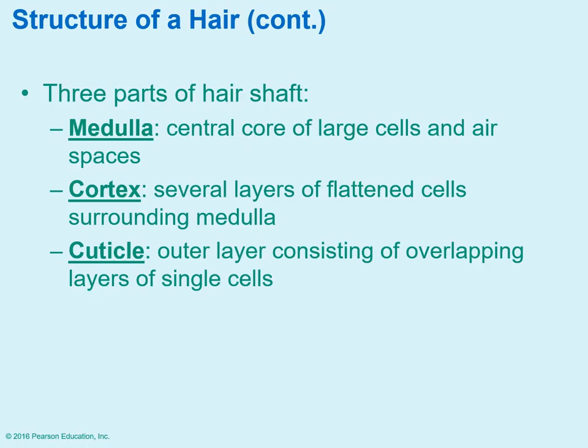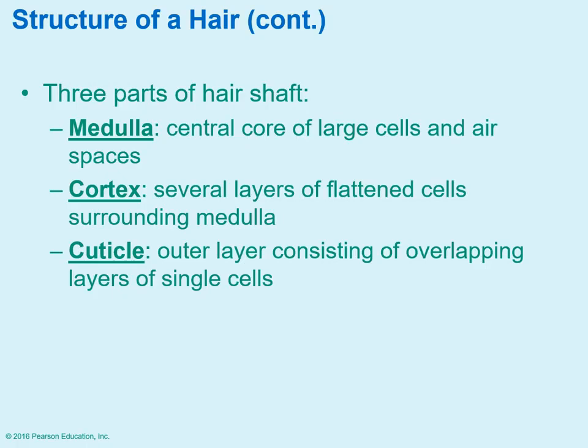Just a little piece of advice or a hint for studying. You will see the terms medulla and cortex again as you study A&P, and just always know that the medulla is going to be the innermost and the cortex is going to be surrounding it. An example would be when you study the kidney.